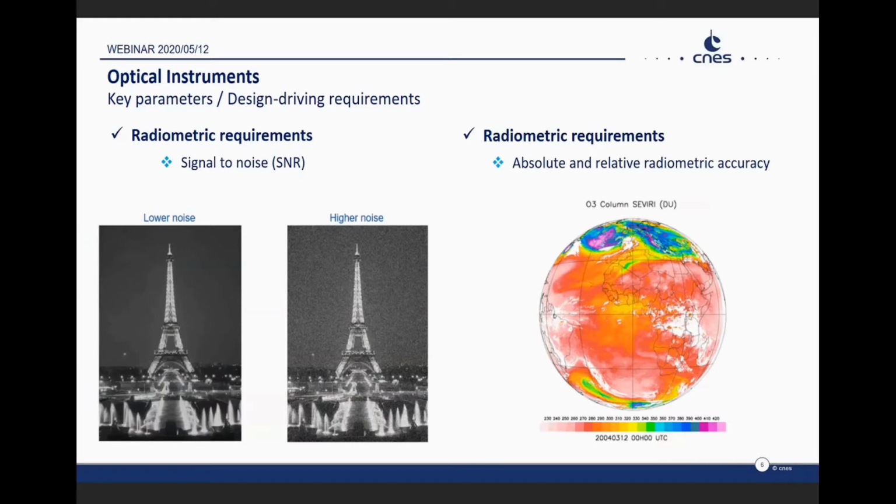With this SNR performance, we aim to make it negligible. On the right, radiometric accuracy. It can be very important when an absolute characterization is researched for chemical elements, for example, like on this picture. It's a determining parameter.